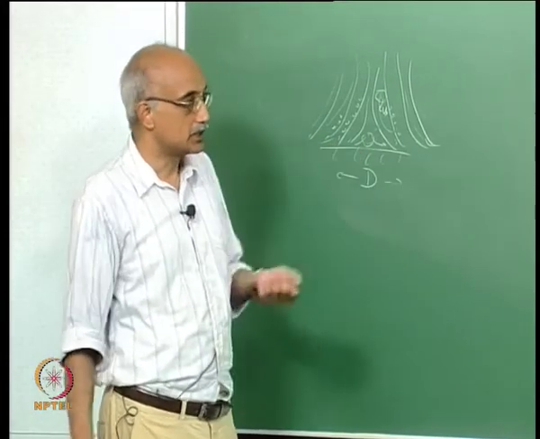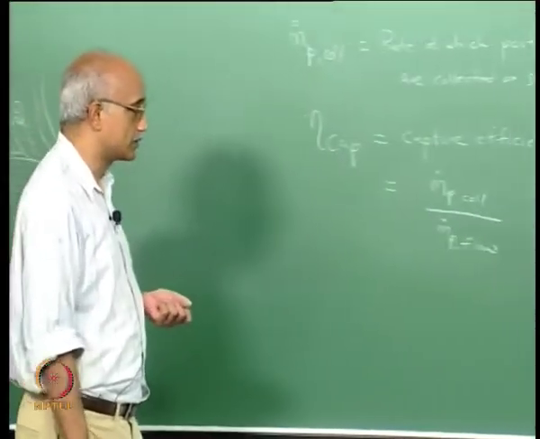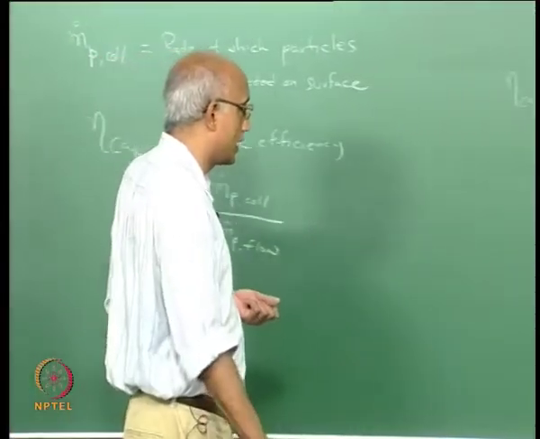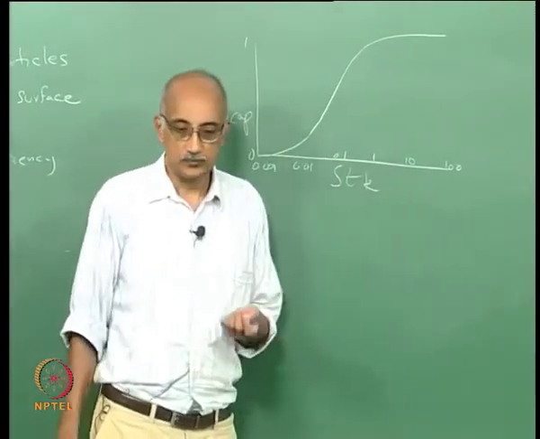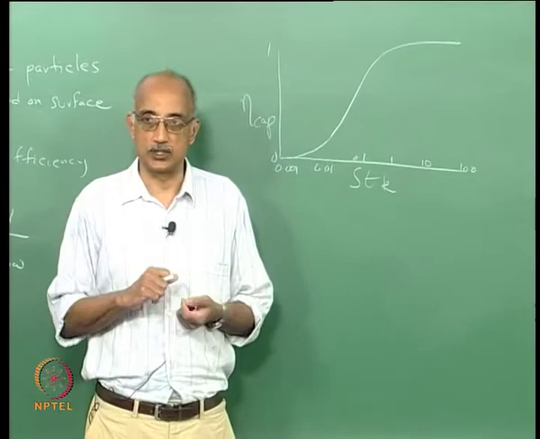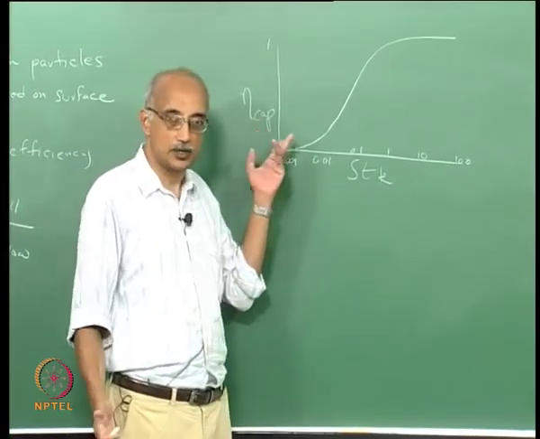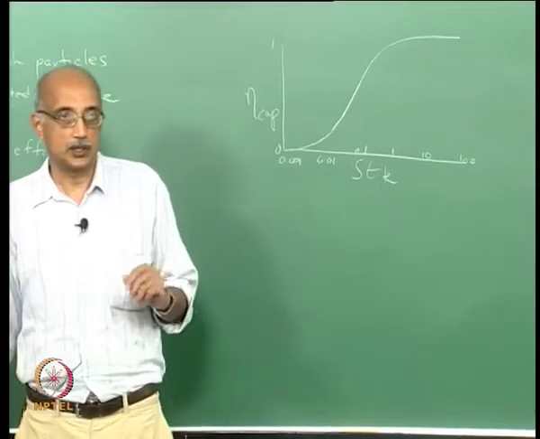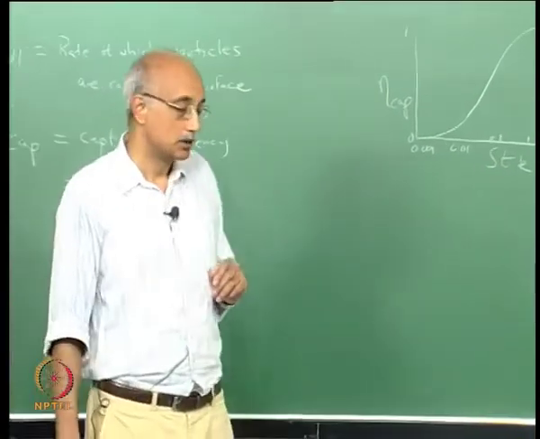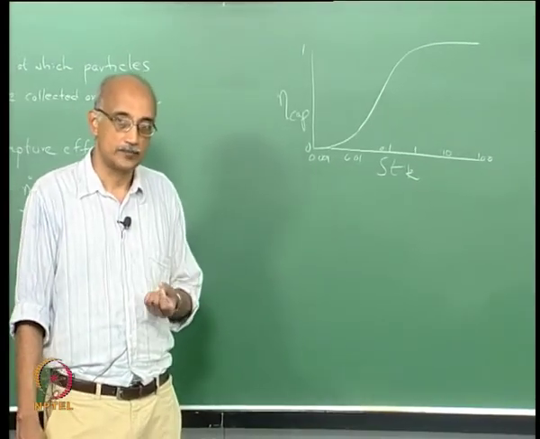That is why we see this effect of Stokes number on capture efficiency, where as the Stokes number increases to 0.1 and beyond, there is a sharp spike in the capture efficiency. So here again, if you're trying to minimize this, your approach should be to minimize this, right? If you keep the Stokes number for the problem low, then in principle your capture efficiency should be reduced as well.